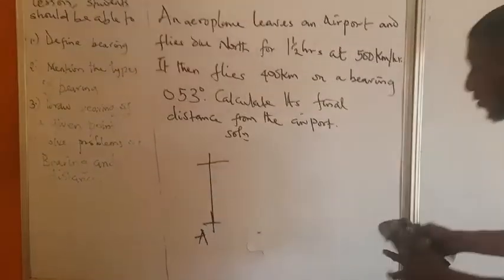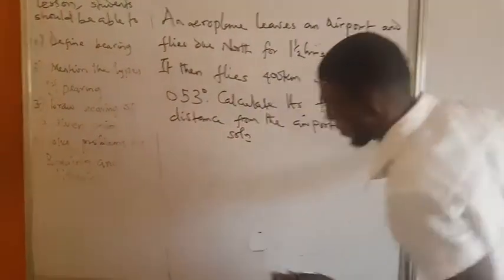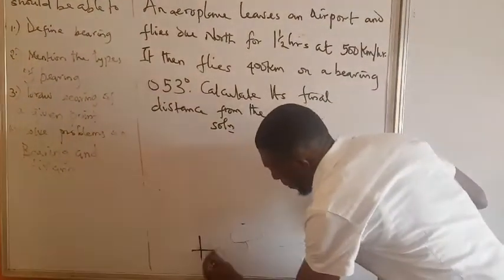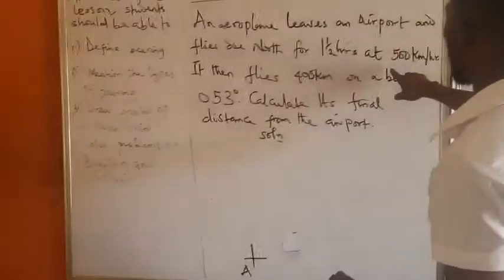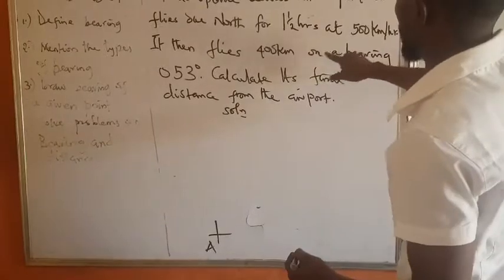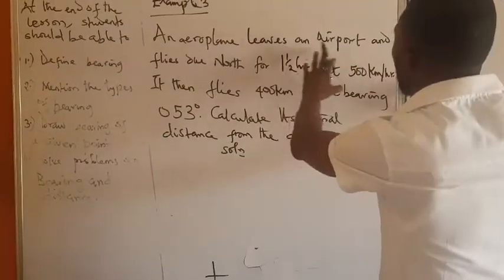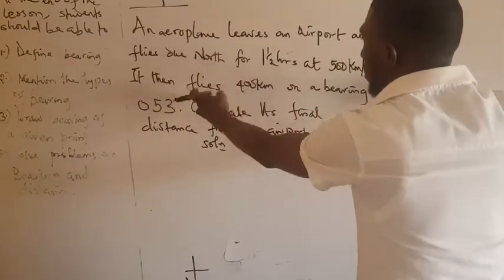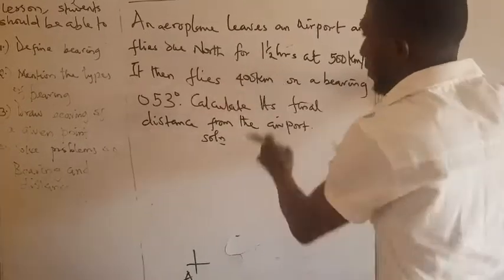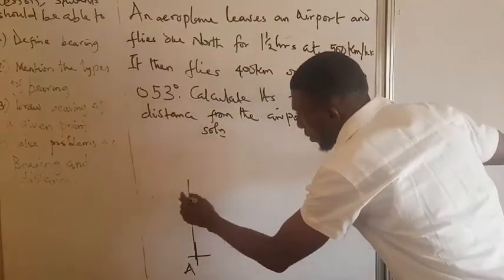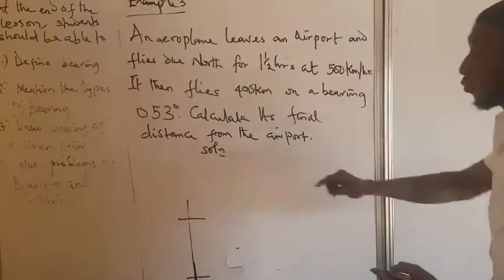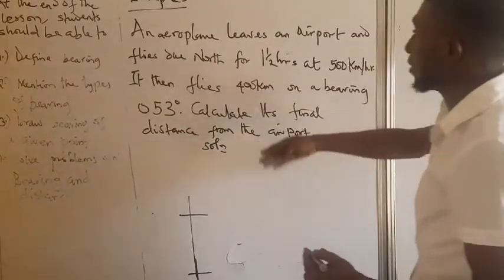Let's say this is the airport, which is point A, and the aeroplane leaves the airport and then flies due north. But we are not given the distance covered due north.